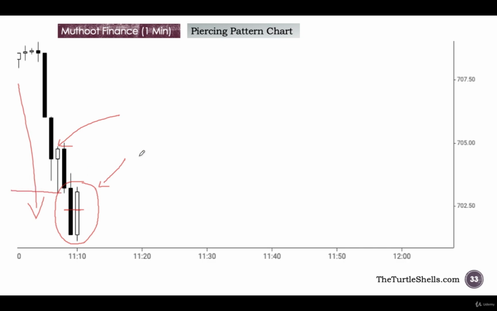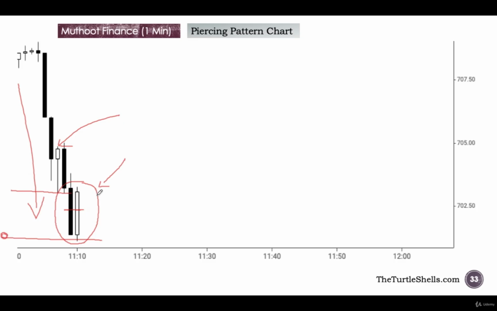Low of the hammer becomes the support, but that low was broken, which means probably this hammer was not confirming any prior support. So taking a trade on that hammer might have proved to be risky or an aggressive trade. Okay? Now in this case, let's assume that the piercing pattern is confirming some prior support area.